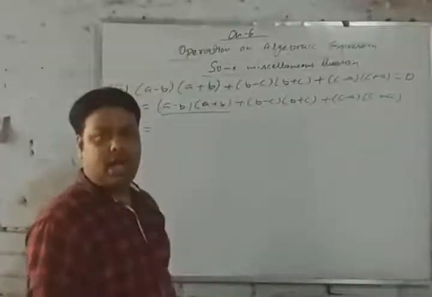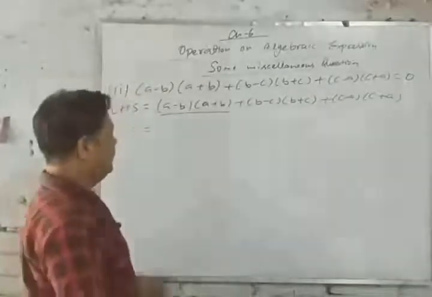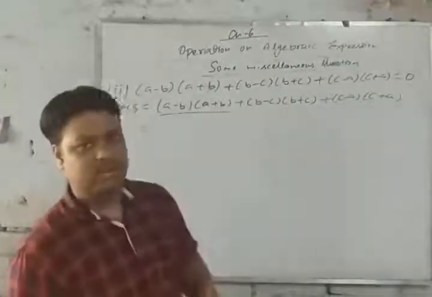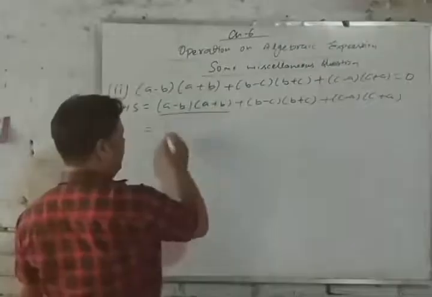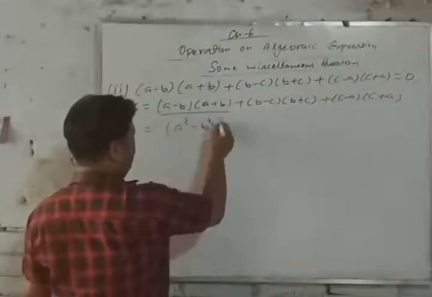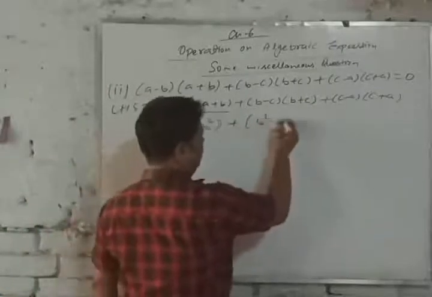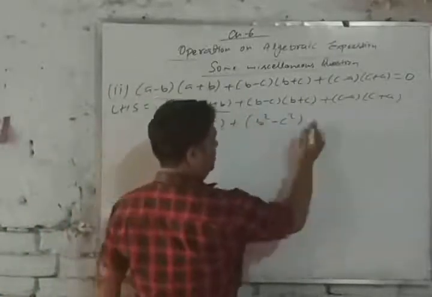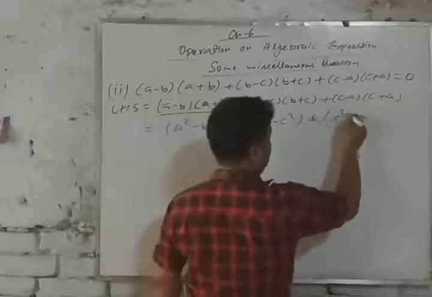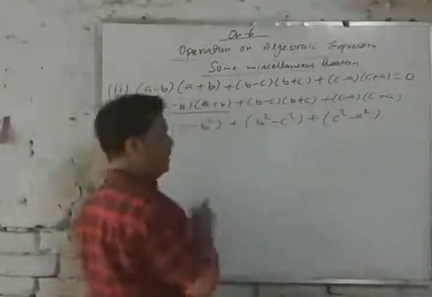Third identity: if a minus b and a plus b, it means a square minus b square. So we can write it like a square minus b square. Same term, so here we can write b square minus c square, and here we will write c square minus a square. Now remove the bracket.